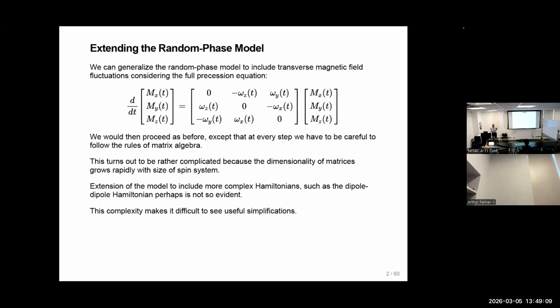So we could solve this problem for random fluctuations for a single spin. I did it once in a class in Brazil, and no one's ever asked to see that derivation again, because it turns out to be a lot of algebra for not all that much more insight.